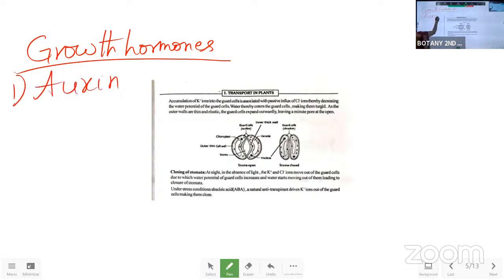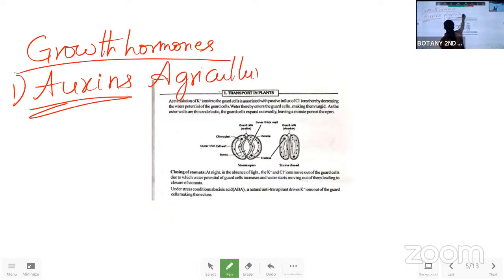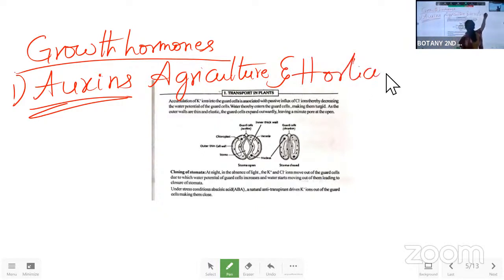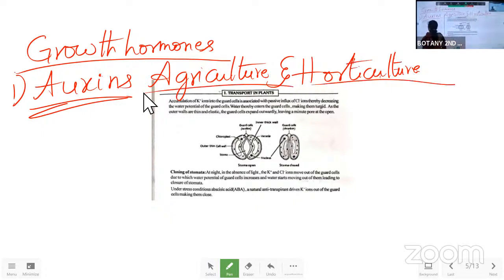Auxins, which are useful in agriculture and horticulture. When we are seeing this, how to write this answer is the most important thing. How to start this answer and how to end this answer beautifully. So the auxins are the growth promoting hormones.